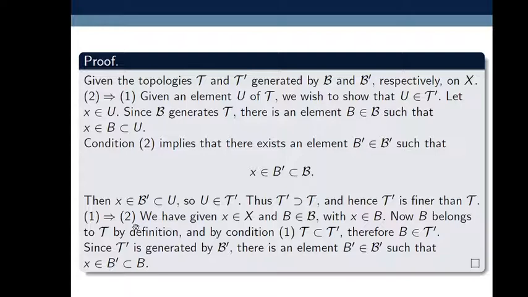So whenever tau dash is finer than tau, then for every X belongs to X and for every basis element B containing X, there is a basis element B dash belongs to script B dash such that X belongs to B dash and B dash is contained in B, where tau and tau dash are topologies generated by basis script B and script B dash respectively. So this proves the lemma.